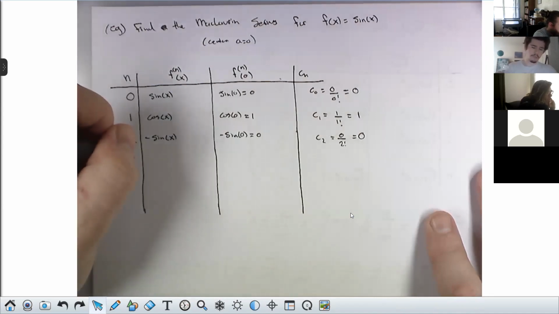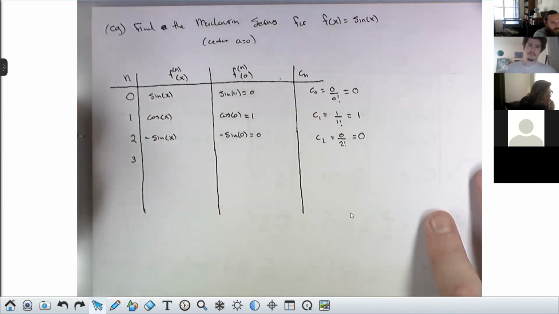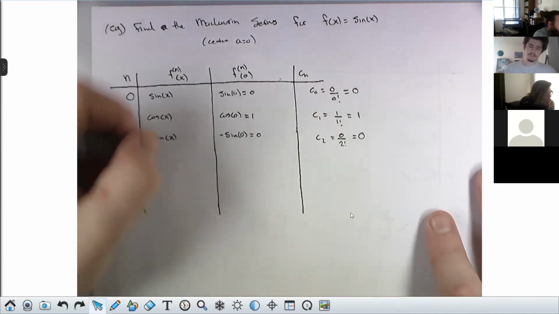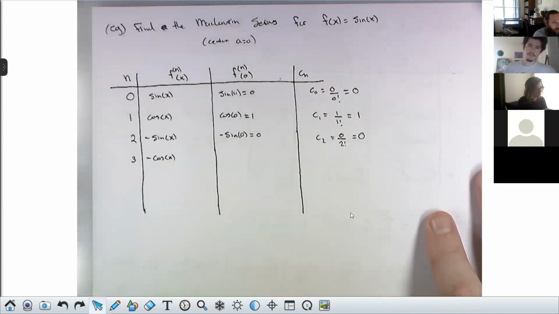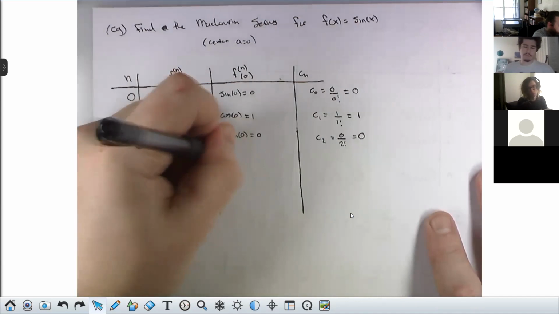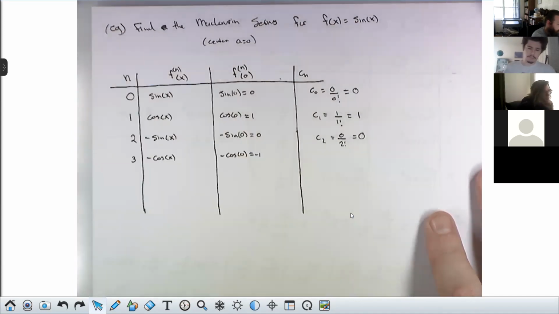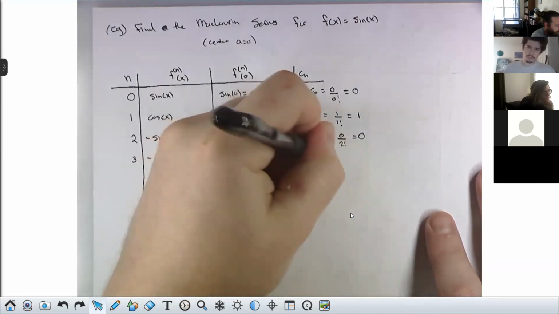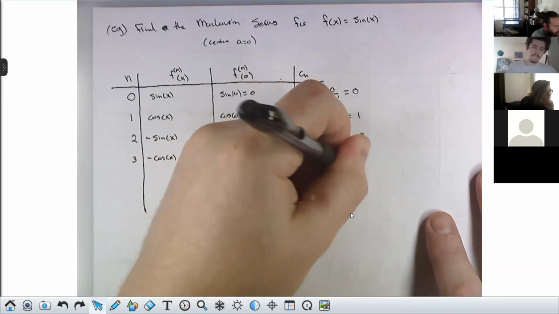When n is equal to 3, the derivative of negative sine x is negative cos x. If you plug 0 into that, you get negative cosine of 0, which is negative 1. So C3 here would be negative 1 over 3 factorial.